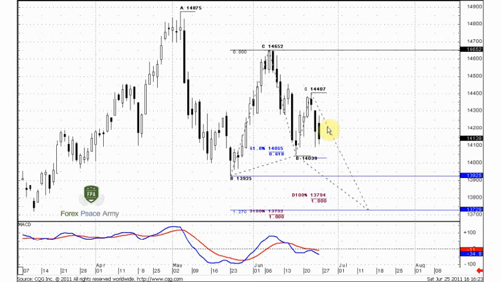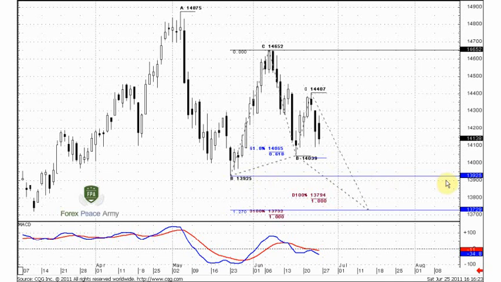Well, just above the market you can see three different targets. First target from this recent ABCD pattern is 137.94, it's right here. Second target is a larger ABCD, 137.02, and currently you can see that this could be a potential butterfly buy pattern.